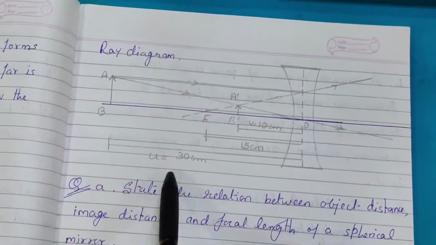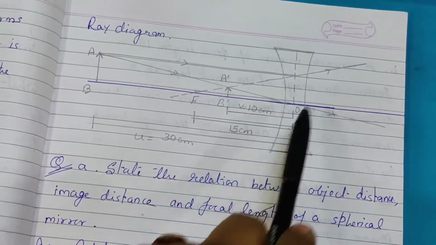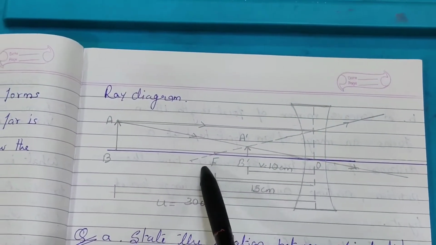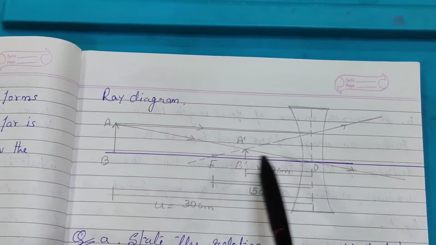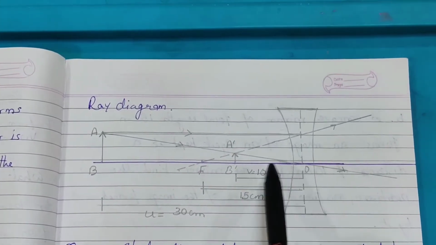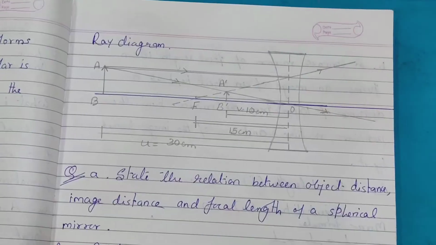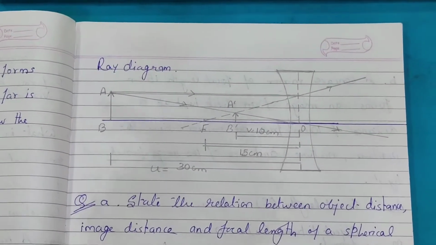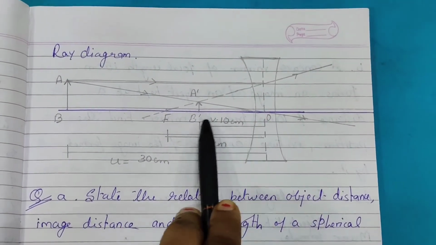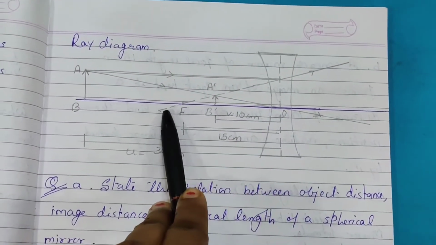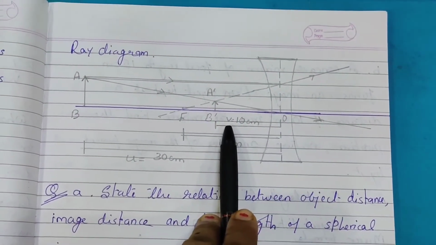Okay, this is your ray diagram. This is your concave lens. The image of the object has been formed between the pole and the focus. It is of 10 centimeter.